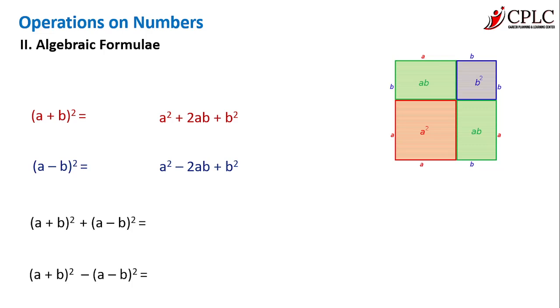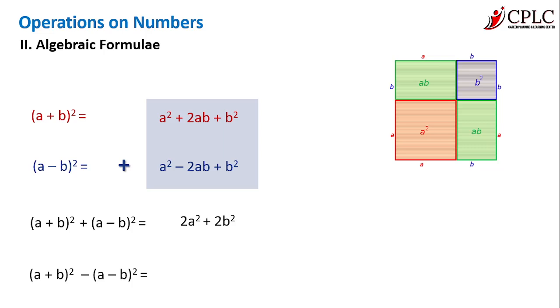Then the third formula, (a plus b) the whole square and (a minus b) the whole square. That means we have to add these two. So if we add these two, then obviously we have to add the left hand sides and the right hand sides as well. If we add the right hand sides, what you end up realizing is that you get 2a square plus 2b square, because plus minus 2ab gets cancelled off.